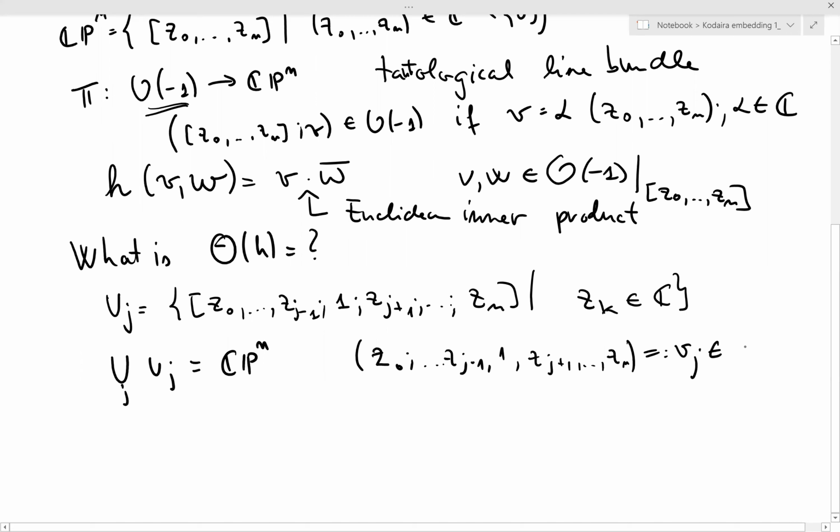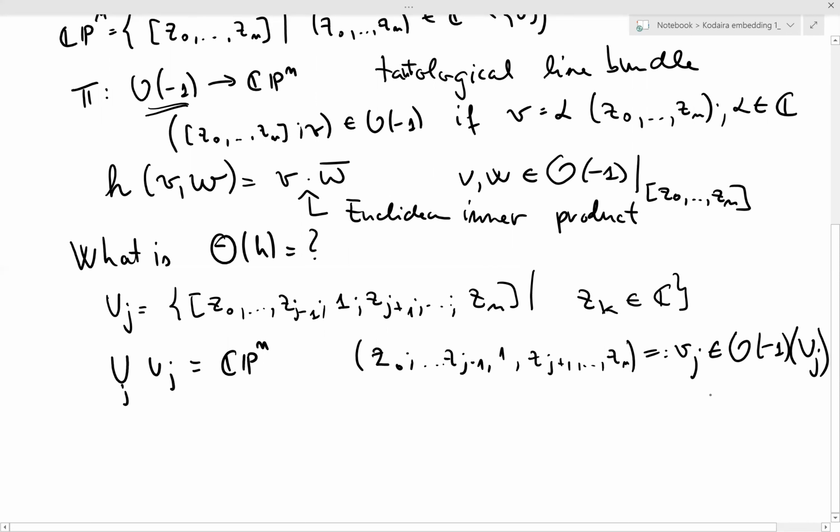They are in O(-1) on top of U_j, and they're also non-vanishing. So I can compute the Chern curvature in terms of them.